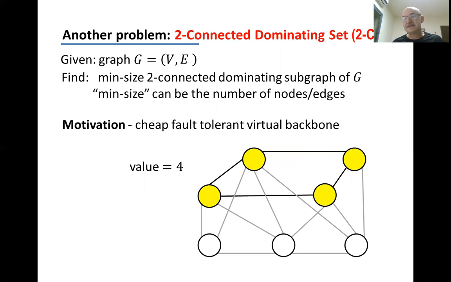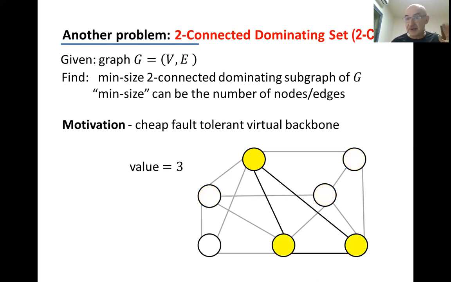First, the yellow nodes induce a two connected graph, a cycle. And every white vertex is dominated by some yellow vertex. So the subgraph induced by the yellow vertices is a two connected dominating set, and the value of this solution is 4, independent of whether we want to minimize the number of edges or the number of nodes.